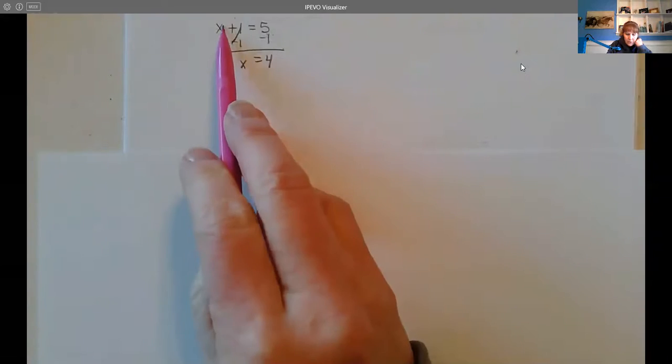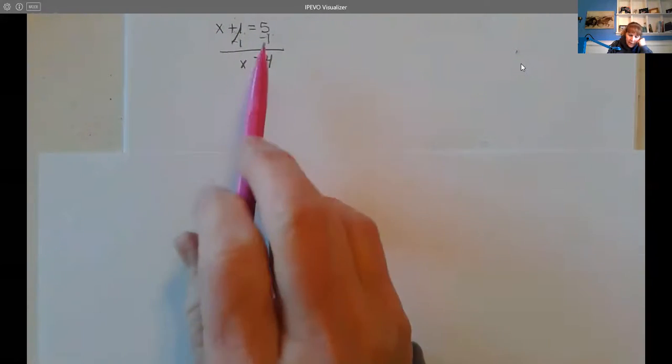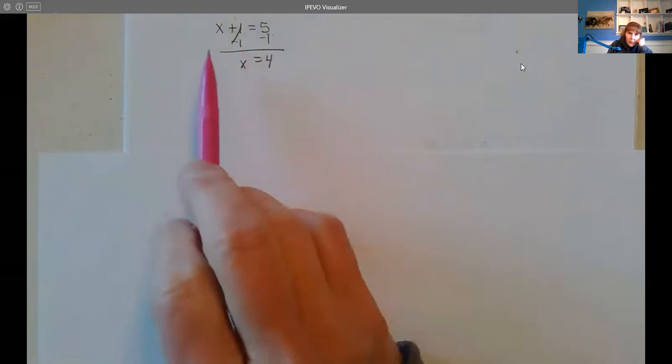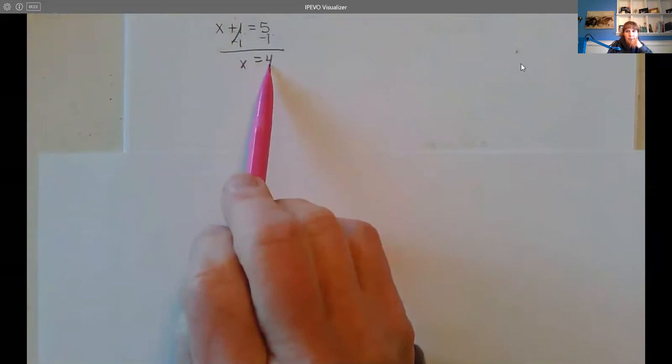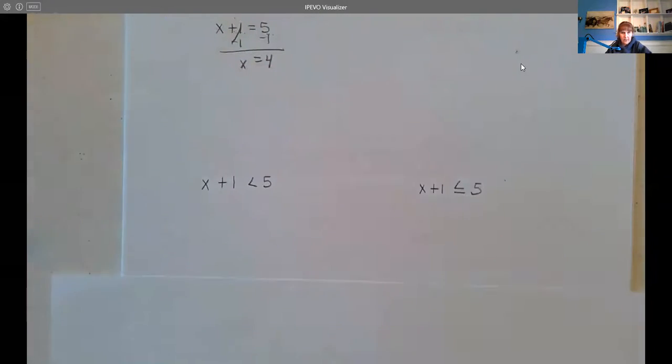X can't be 2 because 2 plus 1 is 3. It's not 5. So when you have this equal and you're solving the equation, there's only one solution, and it's x equals 4. Well, what we're going to do now is we're going to apply some inequalities. And an inequality changes things a bit.